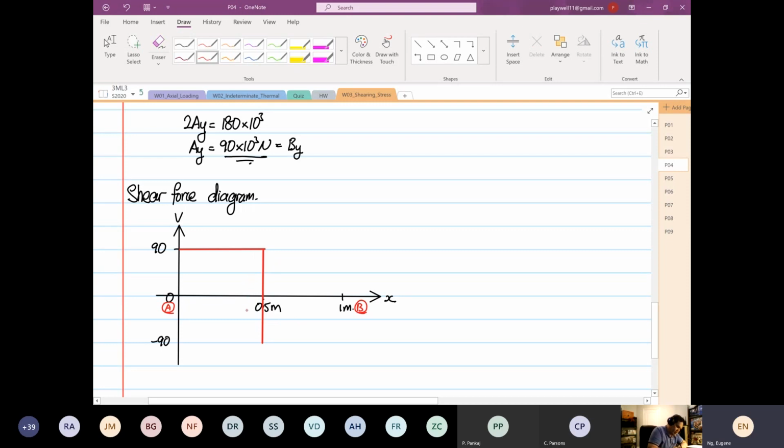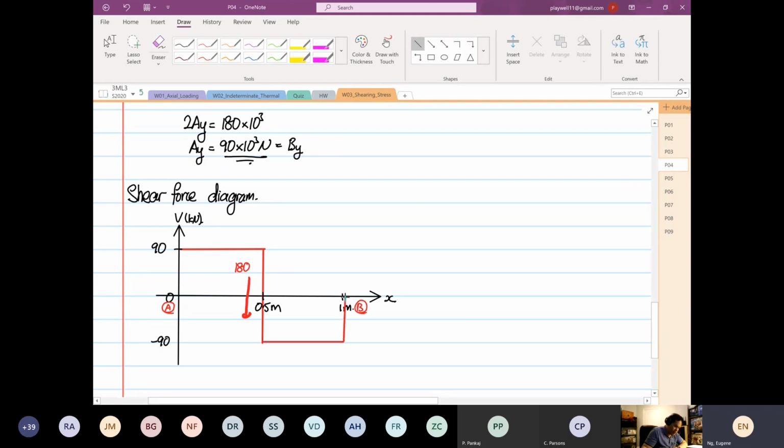I do apologize, my bad. It will come down by 180 kilonewton. So the V over here is in kilonewton. And then it will move across, and then it will bring itself back to positive 90. So you go back to 0.